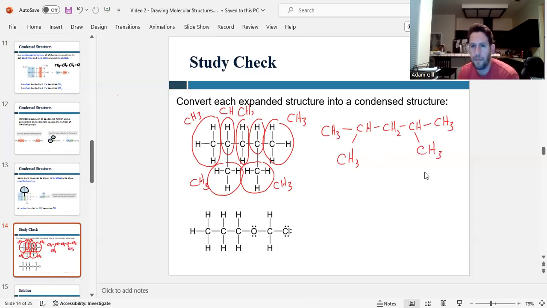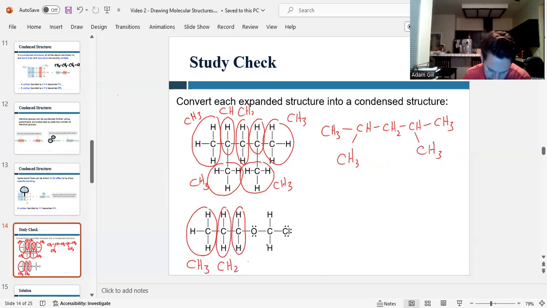Okay. Now, the next one, probably a little easier. This right here is a CH3. The next carbon is connected to 2 hydrogens, so that's a CH2.